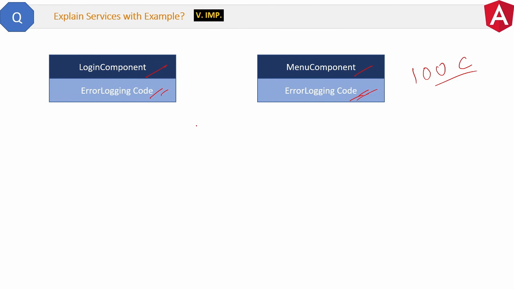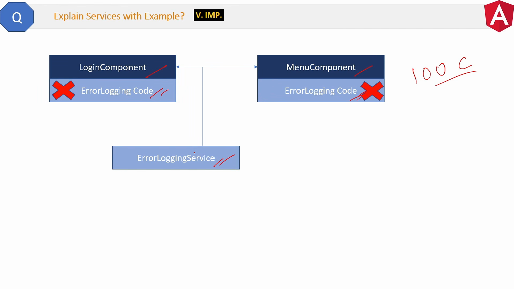So now, in order to avoid those repeated lines of code, we will create a single service, like an error logging service, and then we will put that common code inside this file only. And then we will inject this service in both of these components. And finally, this error logging code is no more required.